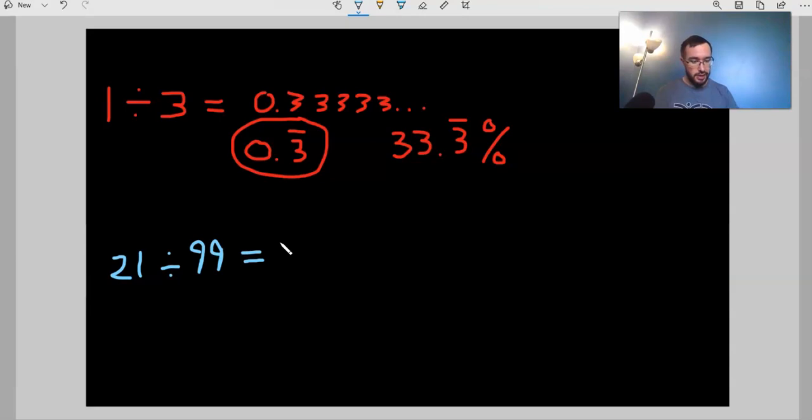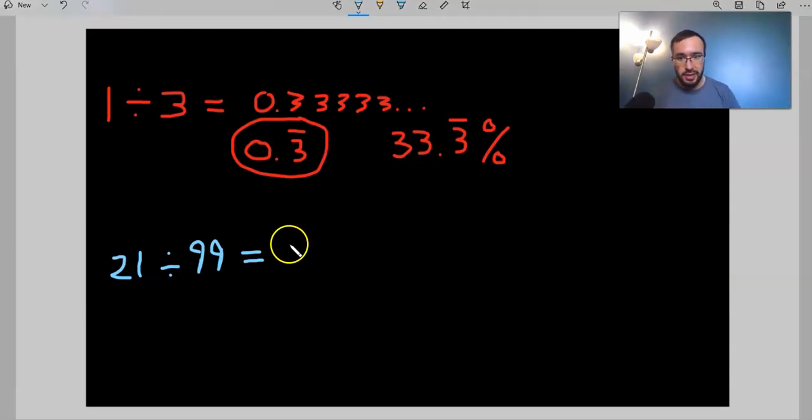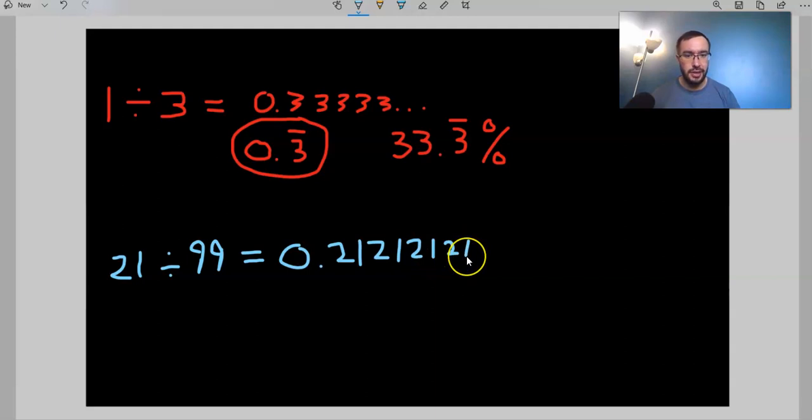I've got 0.2121, and then the 2 ones just go on forever and ever. Okay, so you can see it's not just one digit that's recurring, it's 2 digits that are going on. But there's a clear pattern. It's 21, 21, 21 going on forever. I guess you could say it's forever 21.